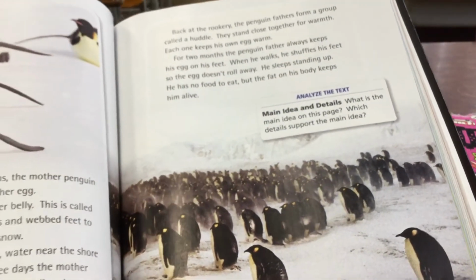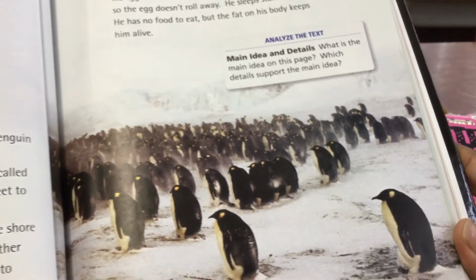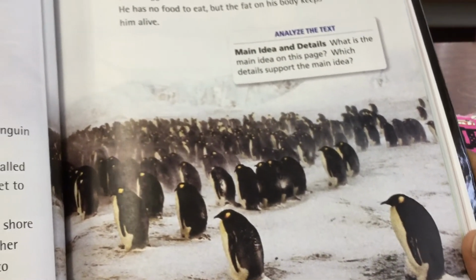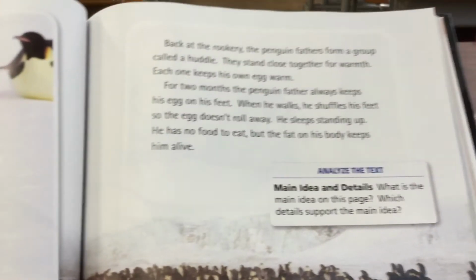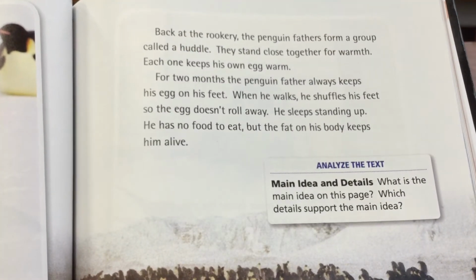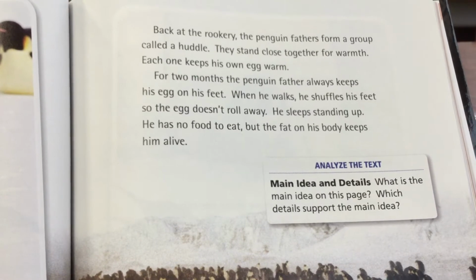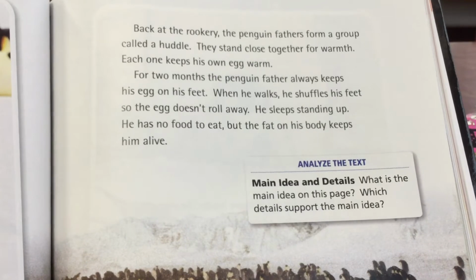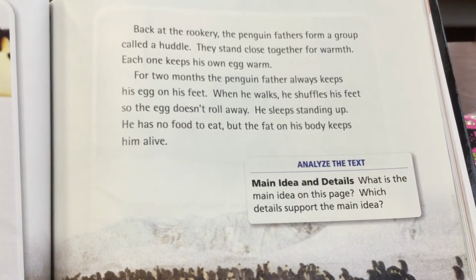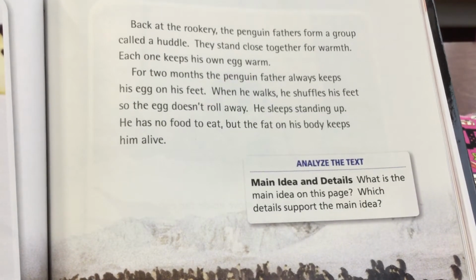Look at all of these penguins here. Can you count the number of penguins in this picture? Back at the rookery, the penguin fathers form a group called a huddle. They stand close together for warmth.